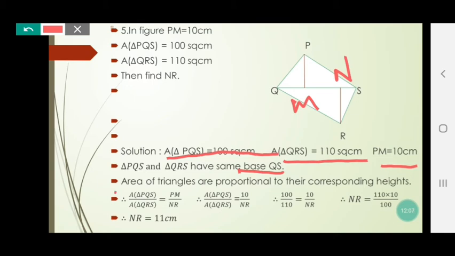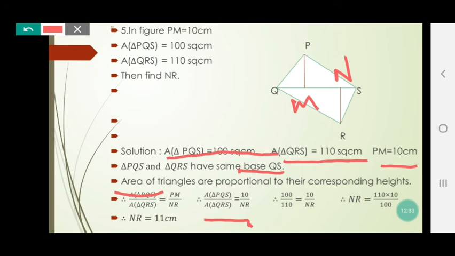So, the areas of the triangles are proportional to the corresponding heights. So area of triangle PQS upon area of triangle QRS is equal to PM upon NR.